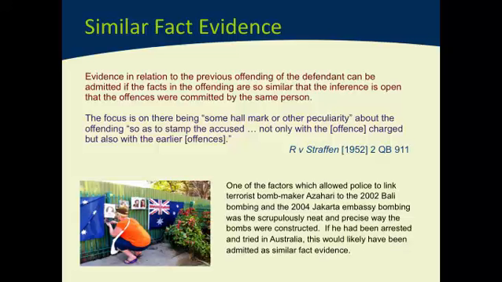Another one that I've indicated there relates to the Bali bombings in 2002 and the Jakarta embassy bombing in 2004. Australian Federal Police, who were investigating those crimes, noticed when they reconstructed the bombs from pieces that were obtained by forensics in the site of those attacks, that the bombs were made in an unusually neat way compared to the work that was done by most terrorists.